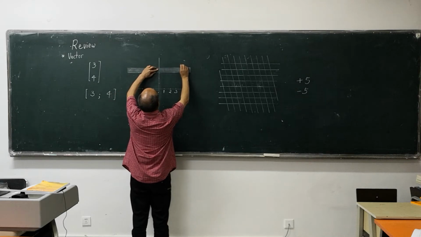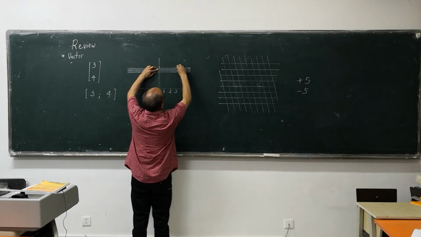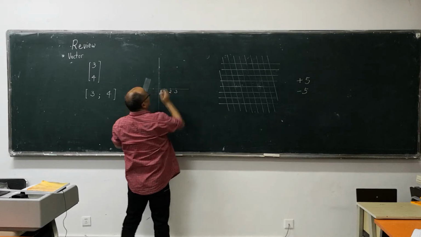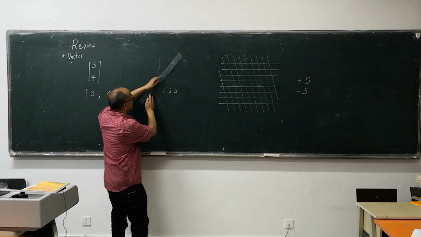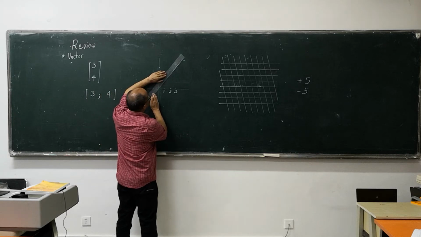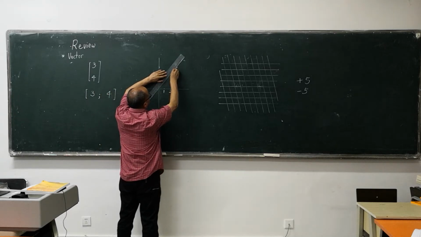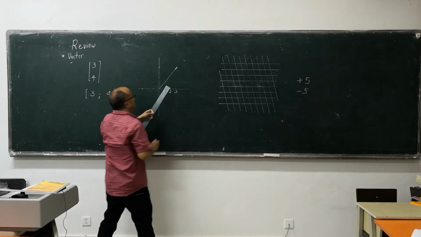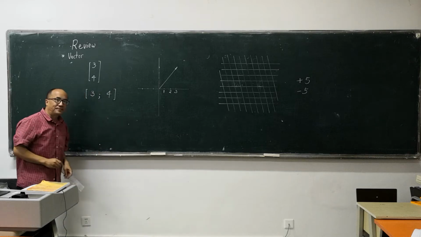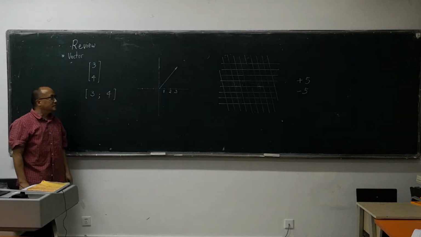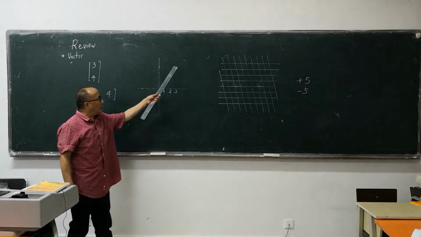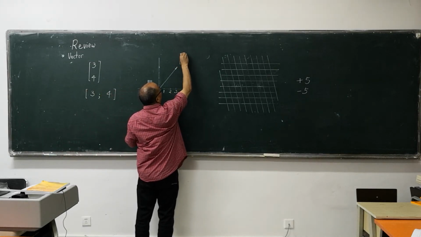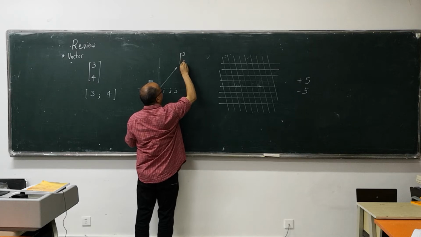I want to visualize it, so I draw it on the right side. So that's about here. This is this vector, 3 and 4.